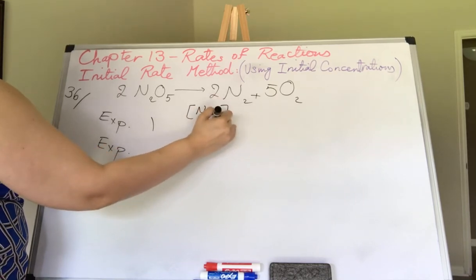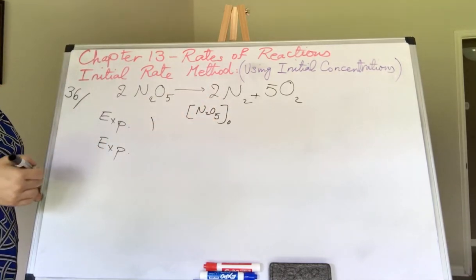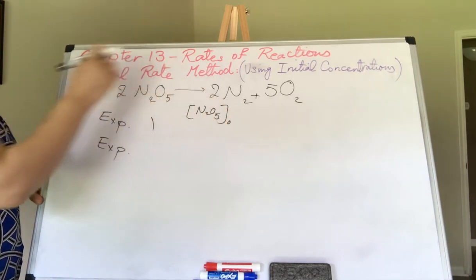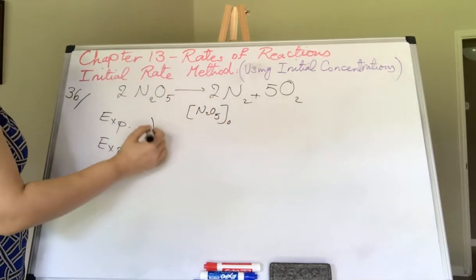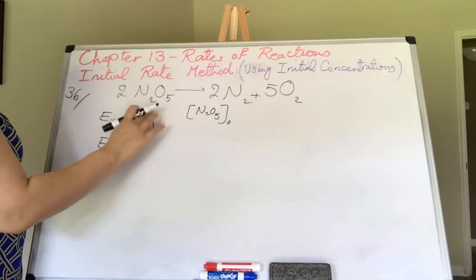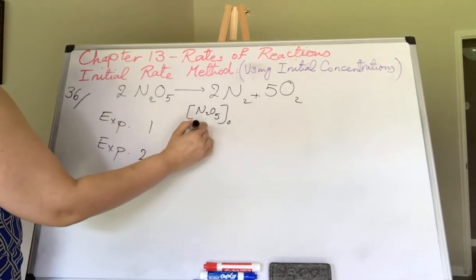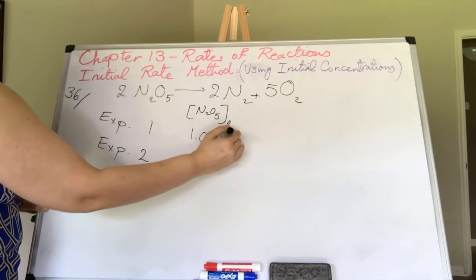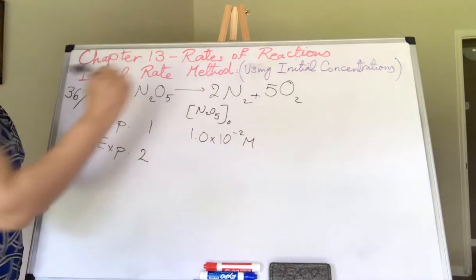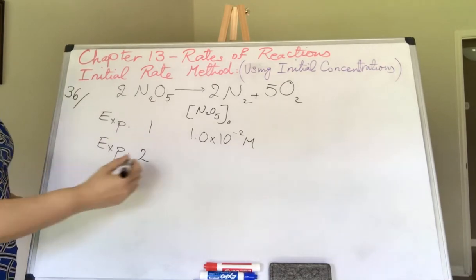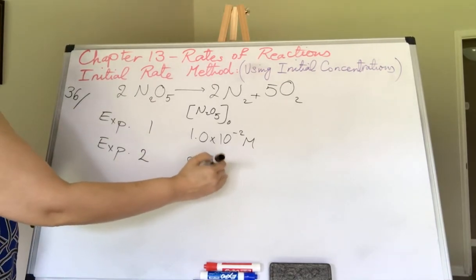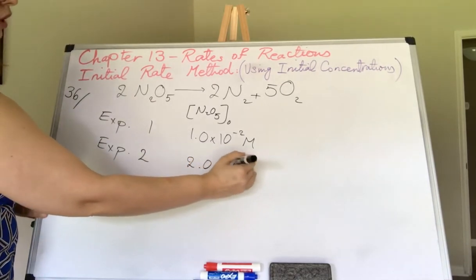Let me show the initial concentration of N2O5 in molar concentration with a 0 sign. For experiment 1, the initial concentration of N2O5 is 1 times 10 to negative 2 molar. And in experiment 2, its concentration is doubled, 2 times 10 to negative 2 molar.